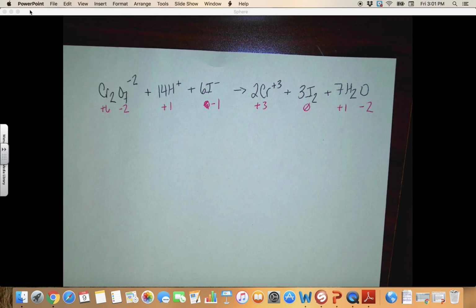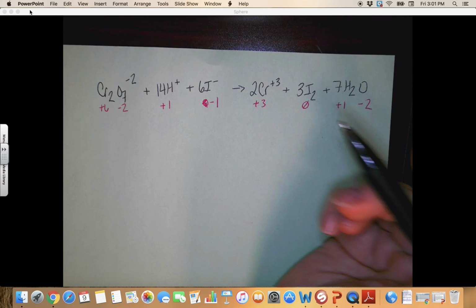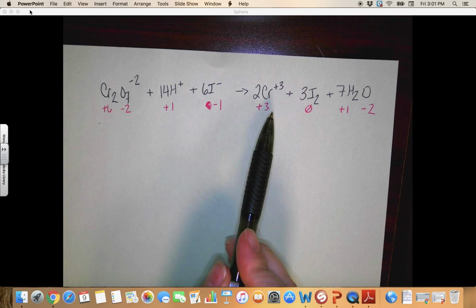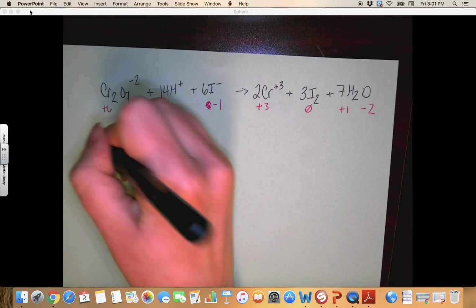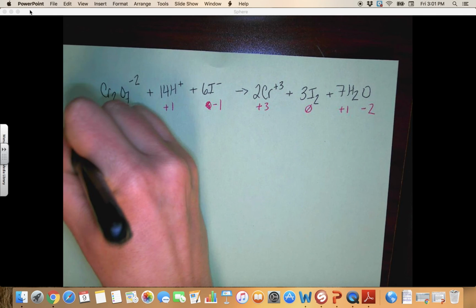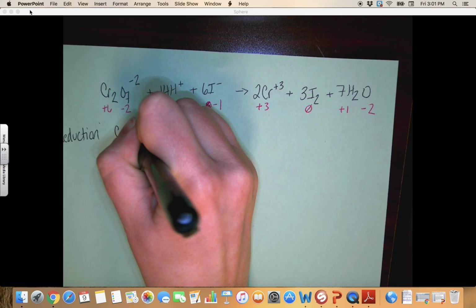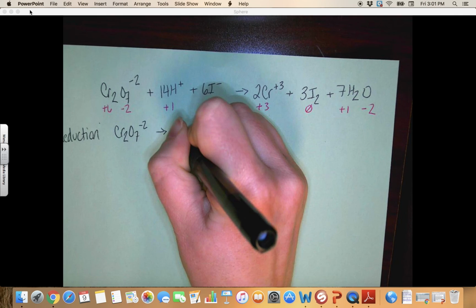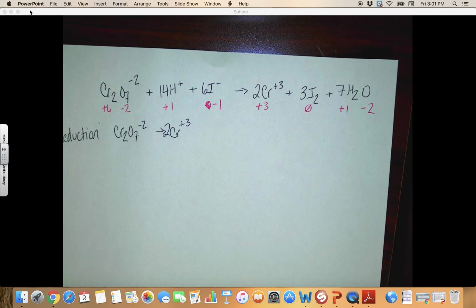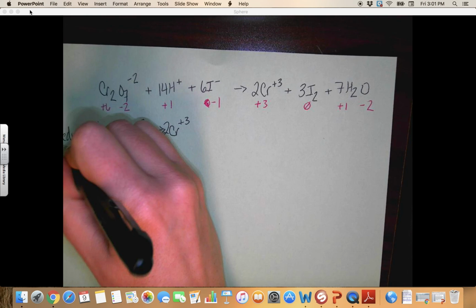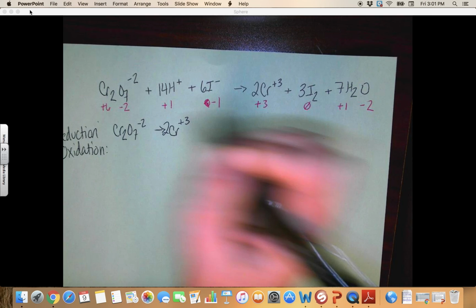Okay, if we notice, chromium is going from +6 to +3. So chromium is reduced. And so oxidation is dealing with the iodine.